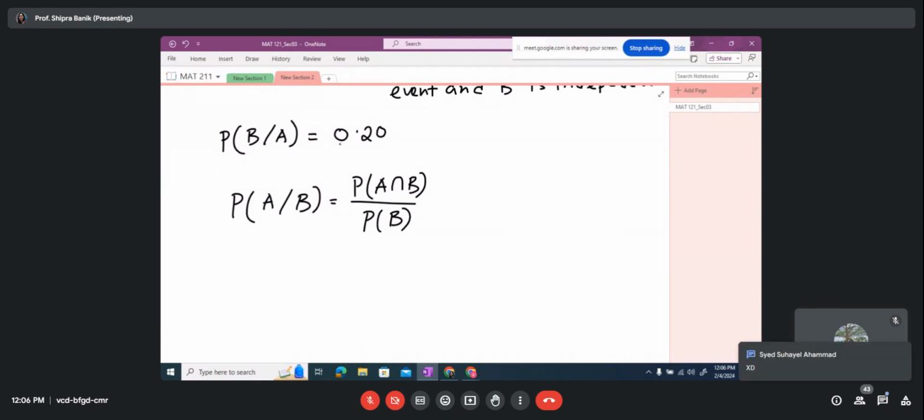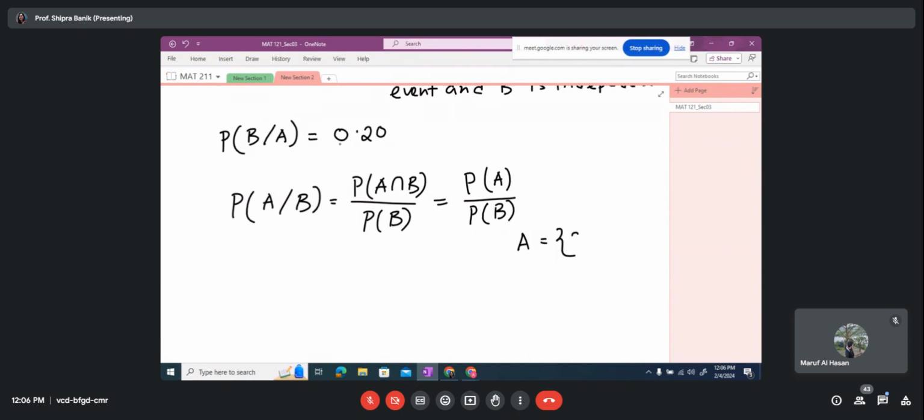Now you see what I'm saying? Probability of A given B, the actual formula is this one. Now realize with me: from here, can we write this is P(A)? Let's see whether we can write it or not. Suppose A is {2} and B is {2, 4, 6}.